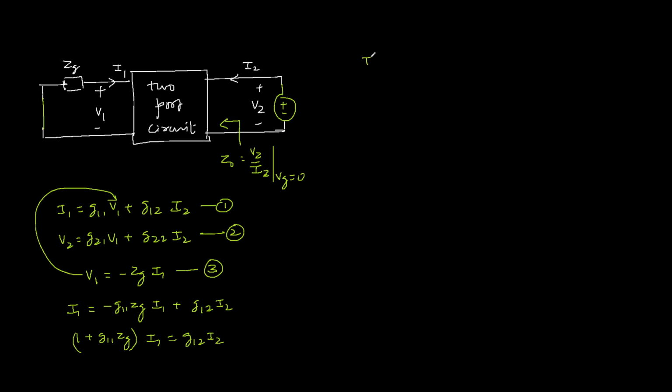So I1 is G12 over 1 plus G11 ZG times I2. This is equation 4. Now replacing I1 from equation 4 into equation 2.